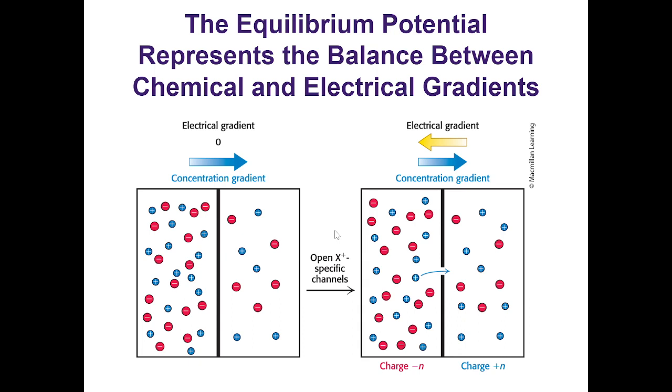They're going to be specific channels that allow these positives through, right? And because our concentration gradient is the only thing pushing, what's going to happen? Positives are going to start flowing through, right? And so our positives flow through. Now, what's going to happen as our positives flow through? What's happening to our charge over here on the other side?